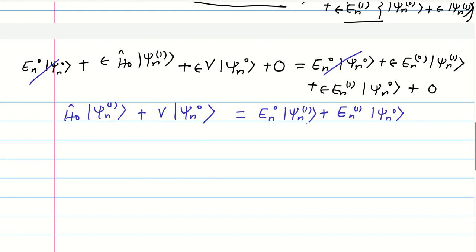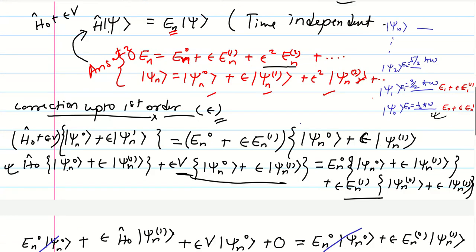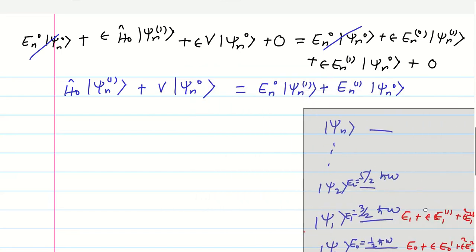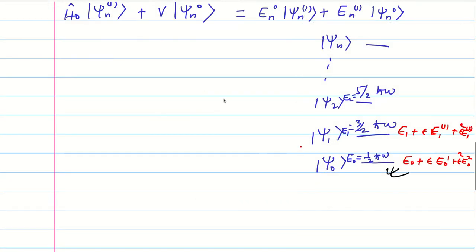Now here we will use one trick. We will use one trick. What trick will we use? So first I will copy this one. You see here, psi 0, psi 1, psi 2, all these are different states, and all these states are orthogonal to one another.